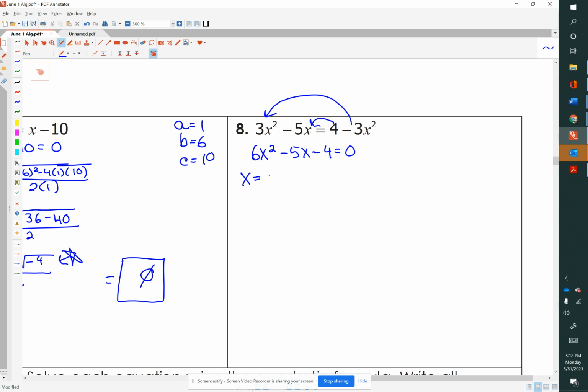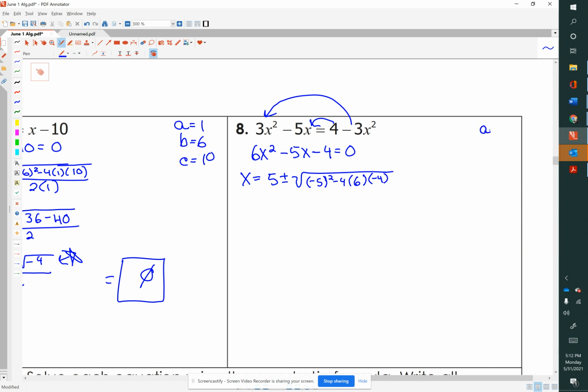X equals 5 plus or minus a nice long radical. So we have -5 squared minus 4 times 6 times -4. And I should have identified my a, b, or c.